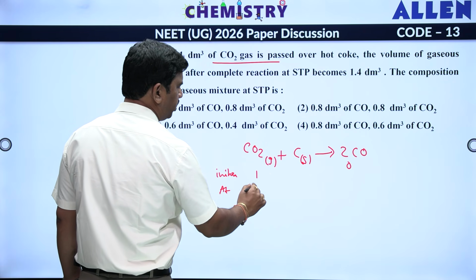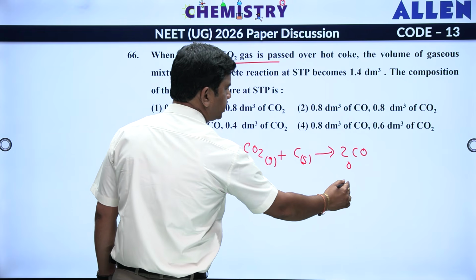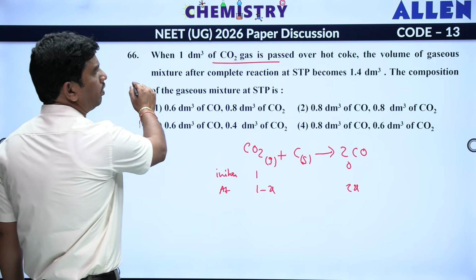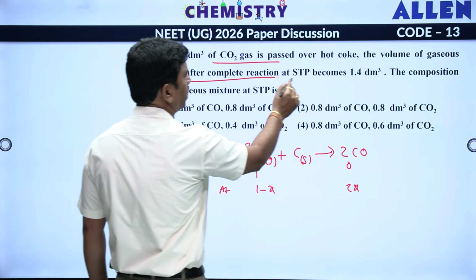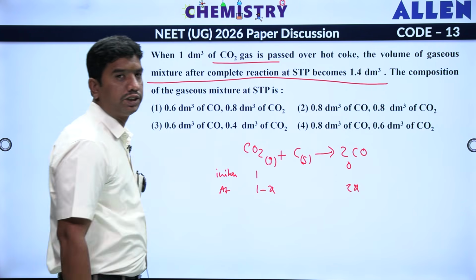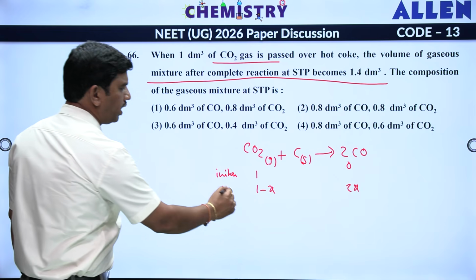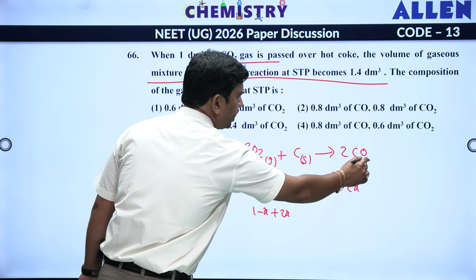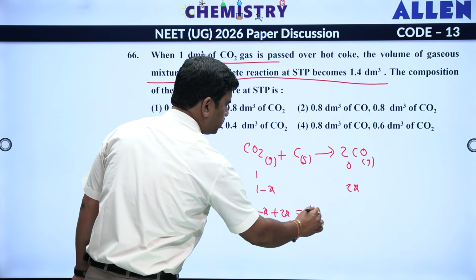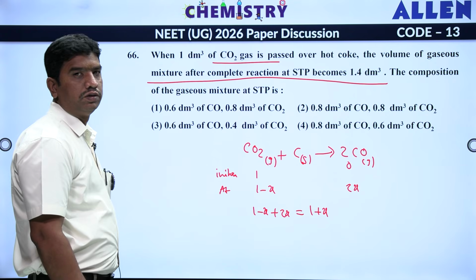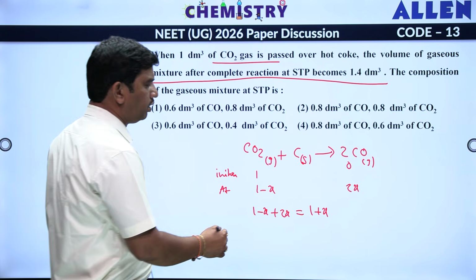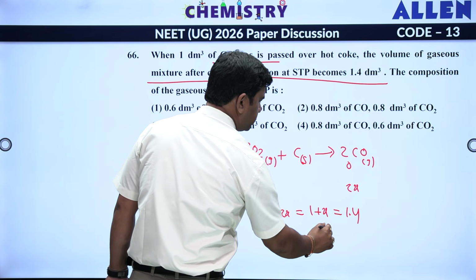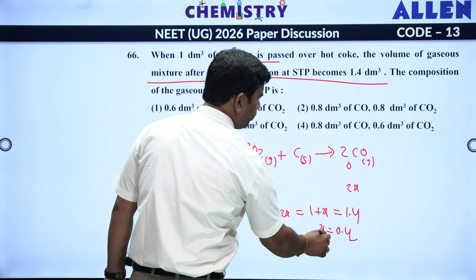After some time, CO2 is 1 minus X and CO is 2X. They mentioned the volume of the gaseous mixture after complete reaction is 1.4 decimeter cube. So the gases left at the end total 1 plus X, which equals 1.4, so X equals 0.4.